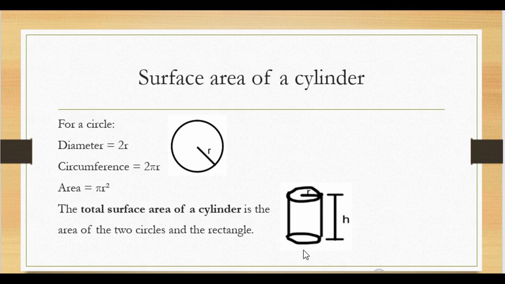And don't forget, this is a closed cylinder, just like your pick-nick can. Now the height of this cylinder is the same as the height of the rectangle. And the circumference of this cylinder is the same thing as the length of the rectangle.